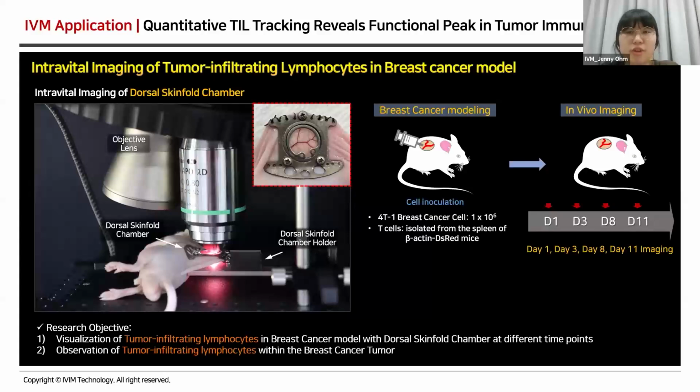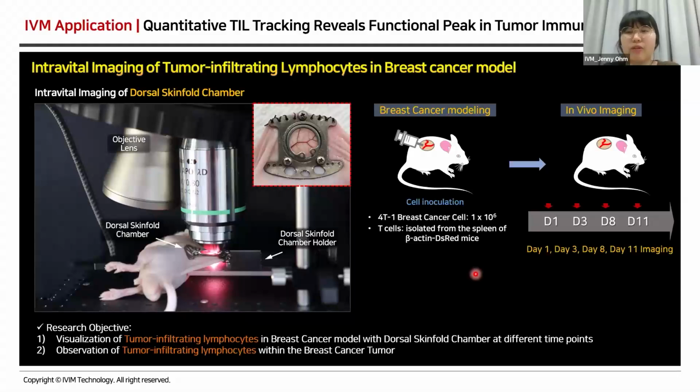Following the previous imaging data, which showed how T cells become activated and migrate through complex structures within the lymph node, I'd now like to introduce an extended study that visualizes how these activated T cells, also known as tumor-infiltrating lymphocytes, behave inside the tumor microenvironment.